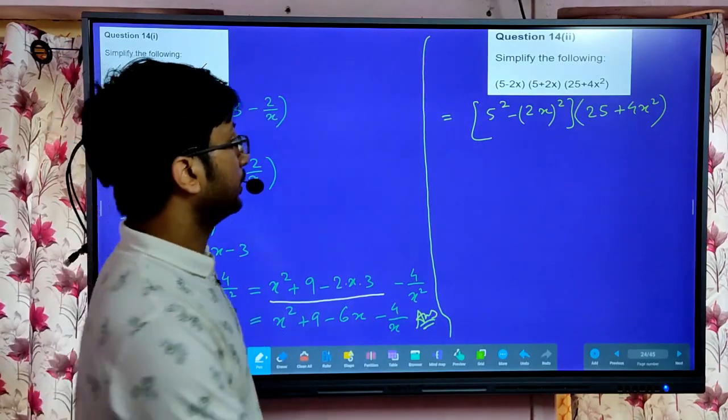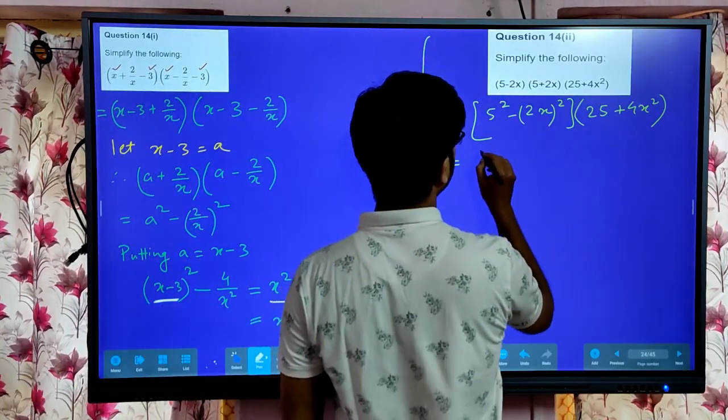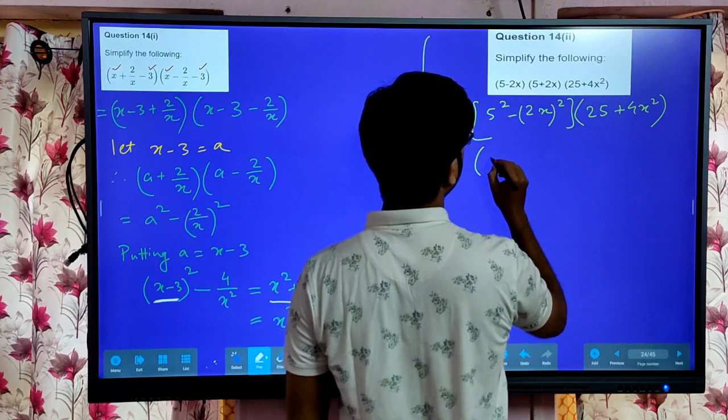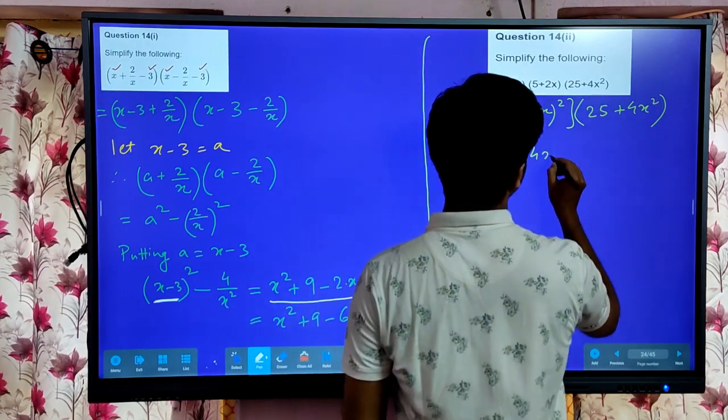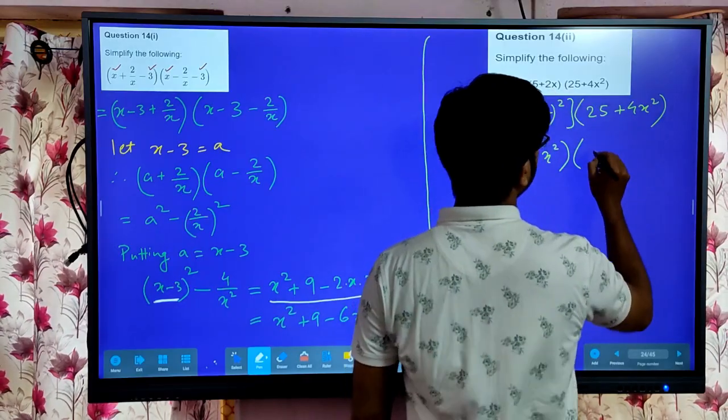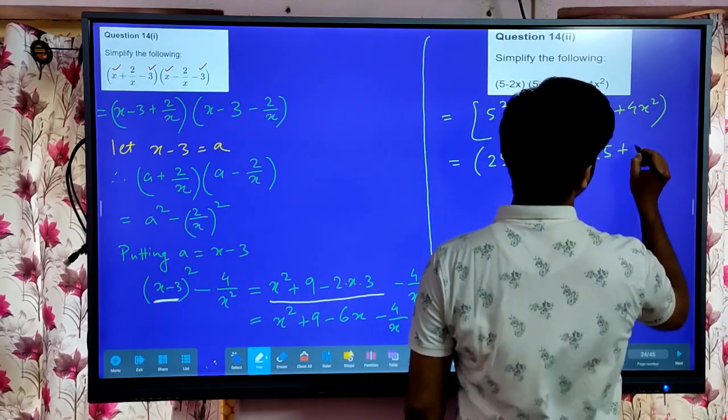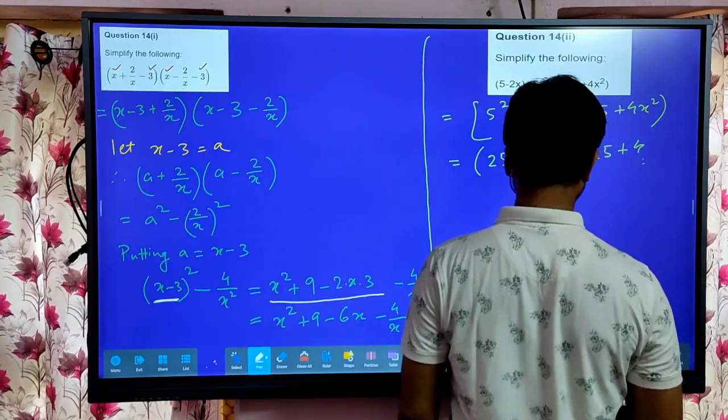Okay, now 5 square is 25, minus 2x square is 4x square, and again this is 25 plus 4x square.